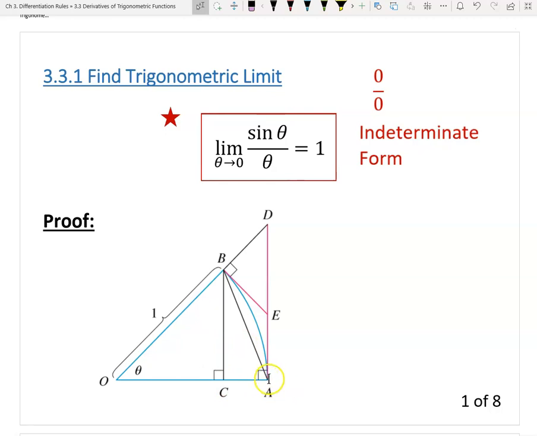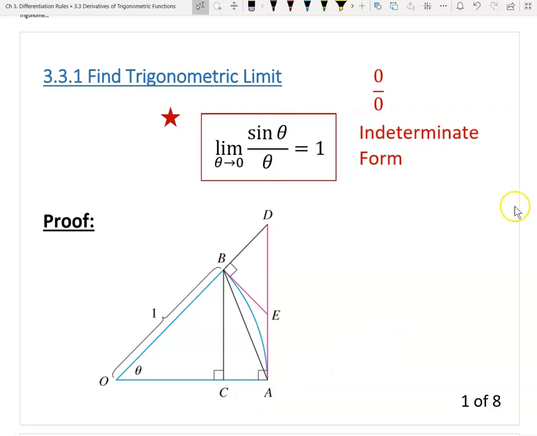We have a sector AOB from a unit circle, so OB equals OA, the radius, is 1, and then we put the angle theta here, and then we draw a vertical line BC, and another vertical line AD. Then E is the midpoint of AD, and then we link BE and AB together.